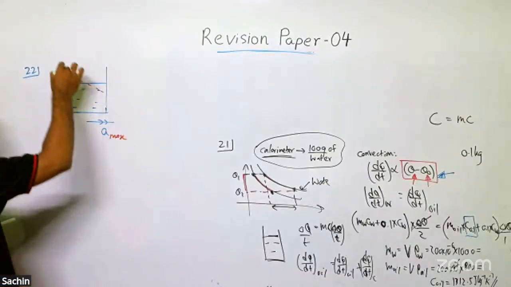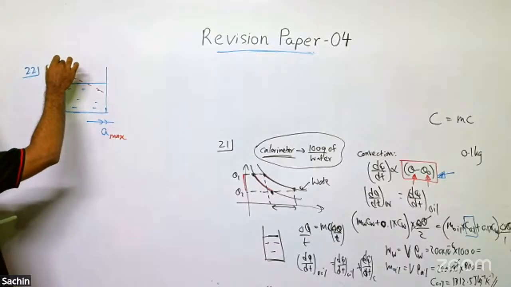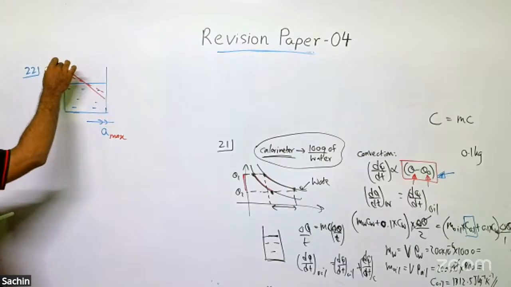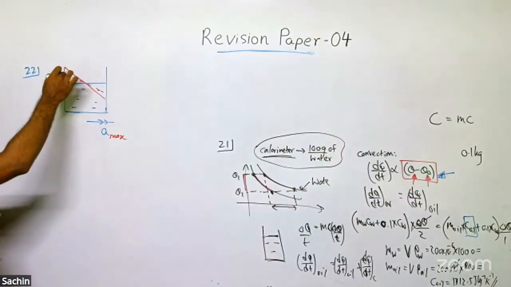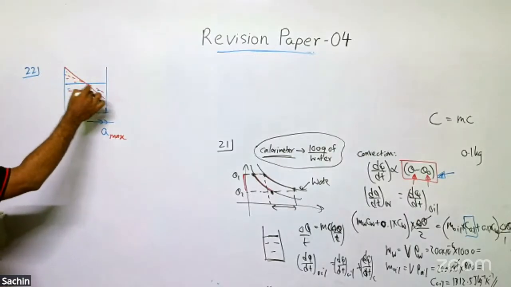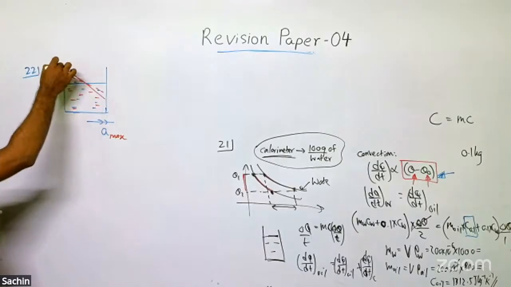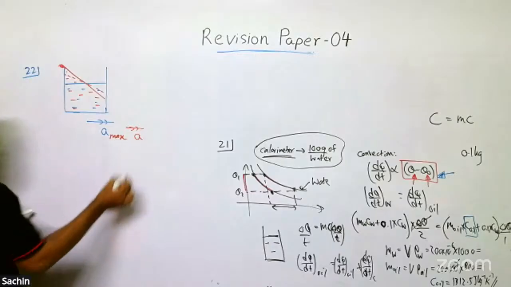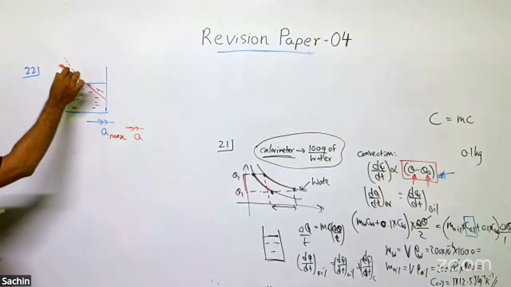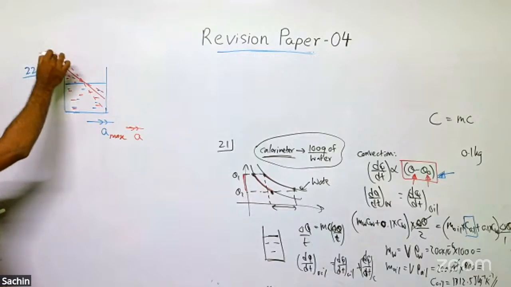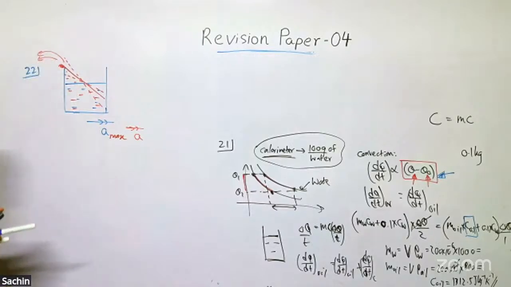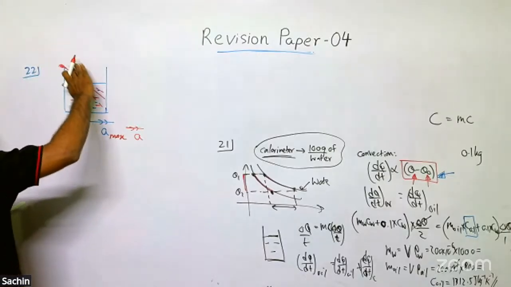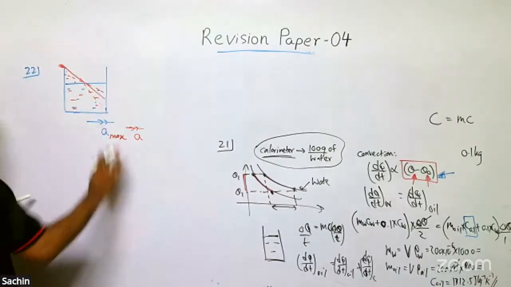At the maximum acceleration, without the spilling, this surface should be something like this. So it's now just about to spill from this side. If the acceleration is increased further, then it will rearrange like this, then the tea will be spilling. Clear?